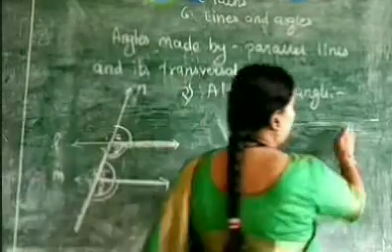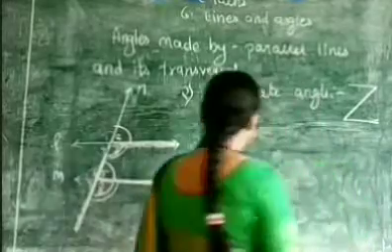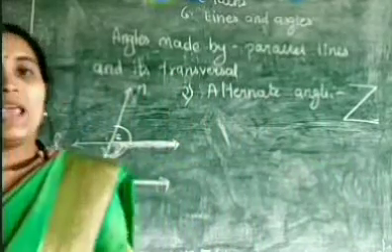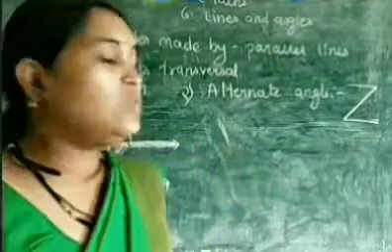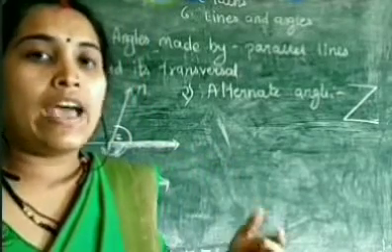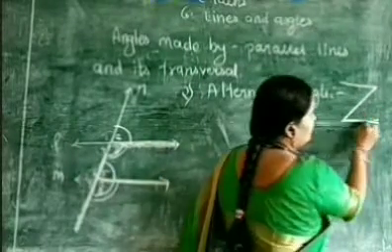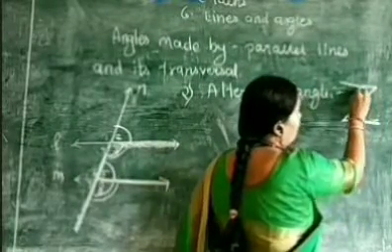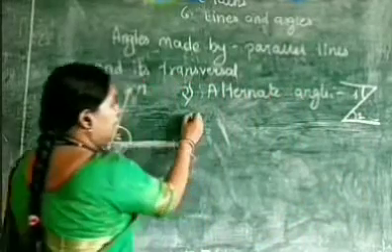Whenever you get the alphabet Z, that type of angle forms alternate interior angles, and alternate interior angles are equal. Here, this is Z. The angles forming inside are equal. They are alternate interior angles.